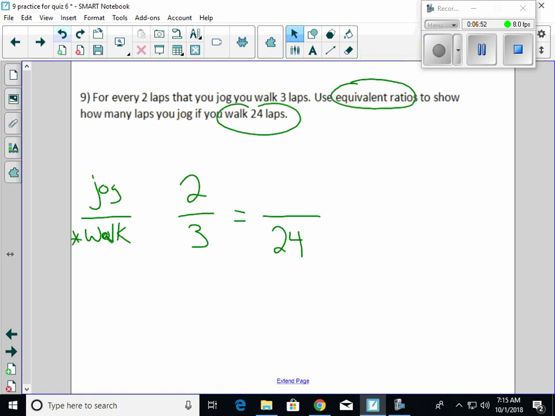So we're deciding, what do I have to multiply this fraction by to turn it into a 24? 3 times what is 24? That should be 3 times 8. Multiply the numerator by the same number, 2 times 8, and I get 16. So you have to jog 16 laps.